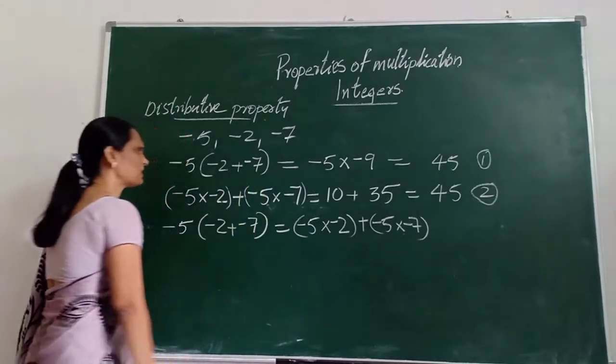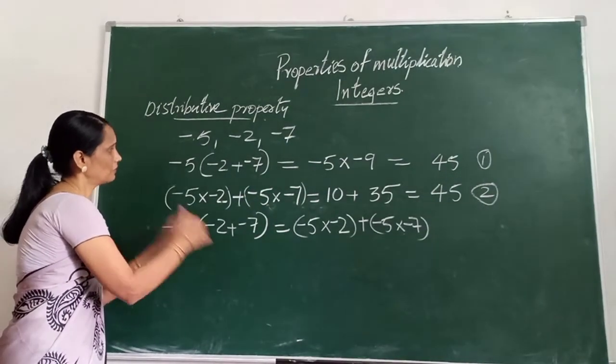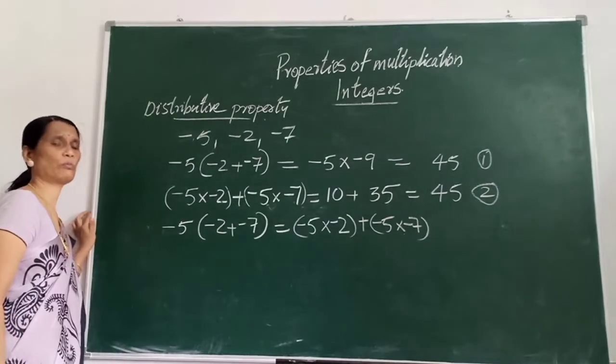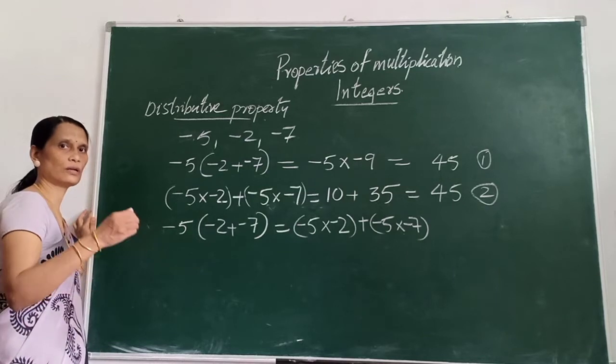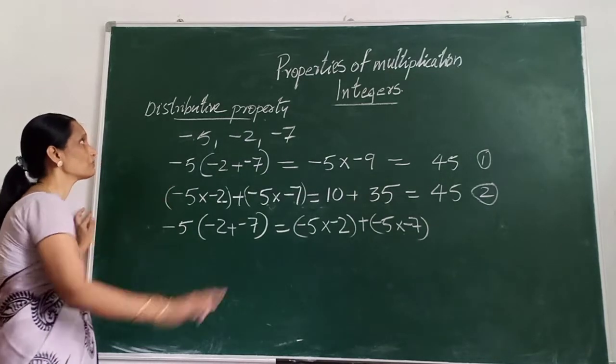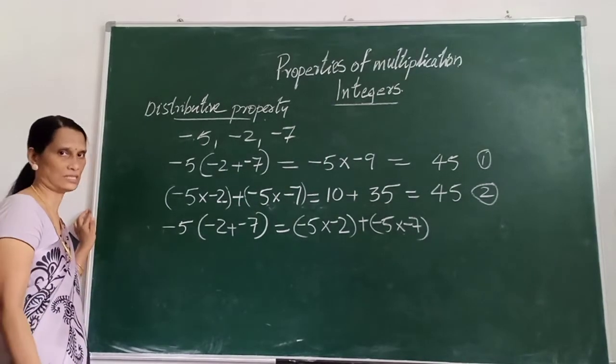So this one is actually very important for further solutions of different problems, not only in 7th class, in all the classes, even for higher classes also you should know this property, the distributive property, for making your calculation easier.